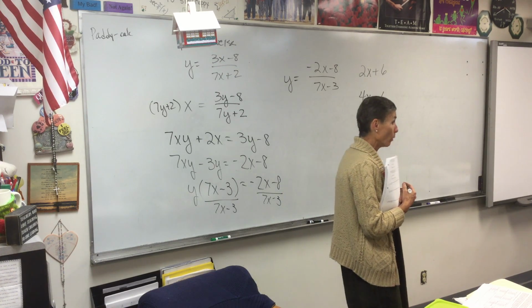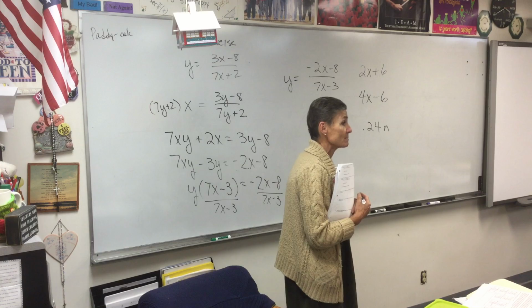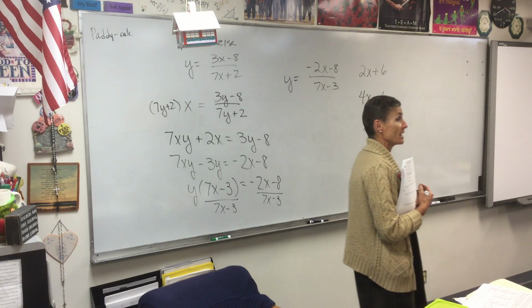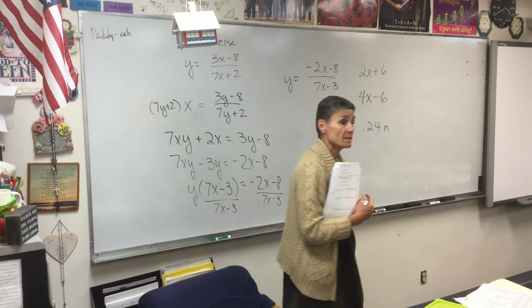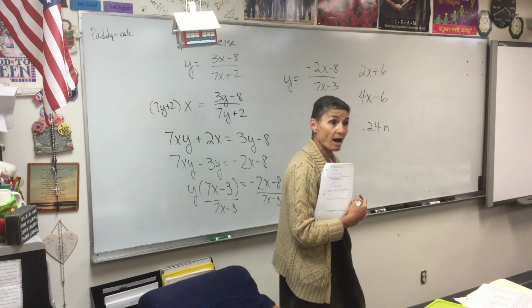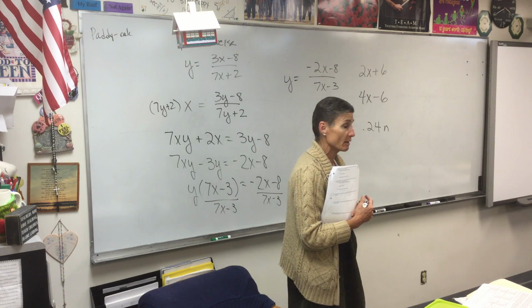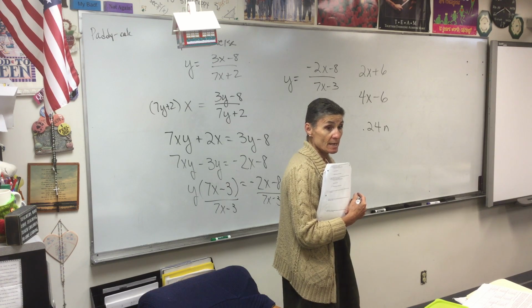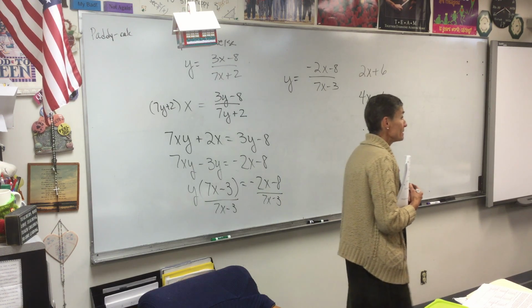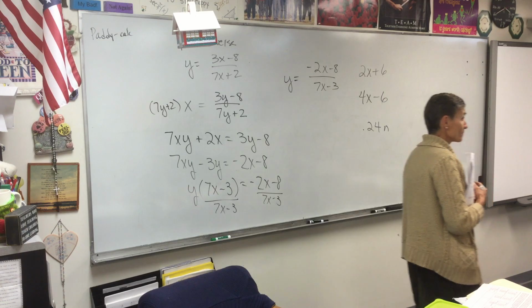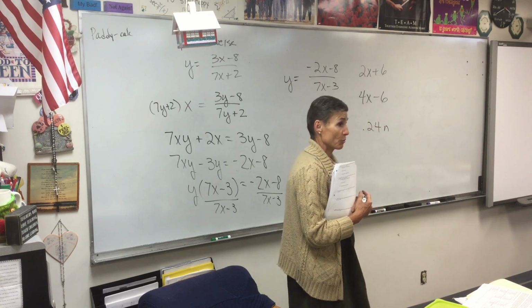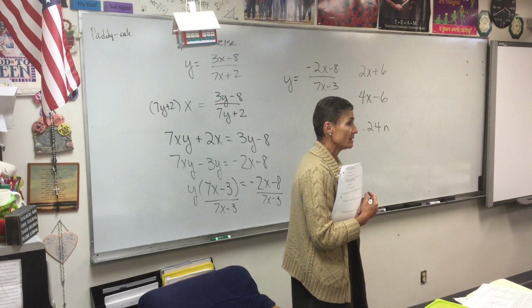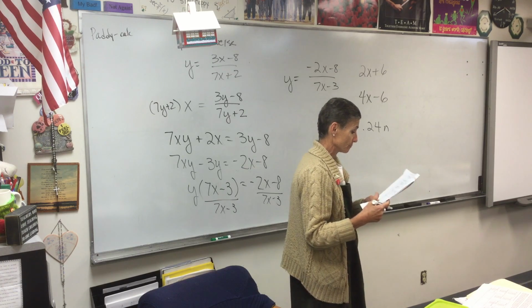So we're taking 0.24 times the number. 24% of the number means 0.24 times x, or n, whatever letter you're using. In math, of means times. So anytime it says 30% of something, you're going to be multiplying.